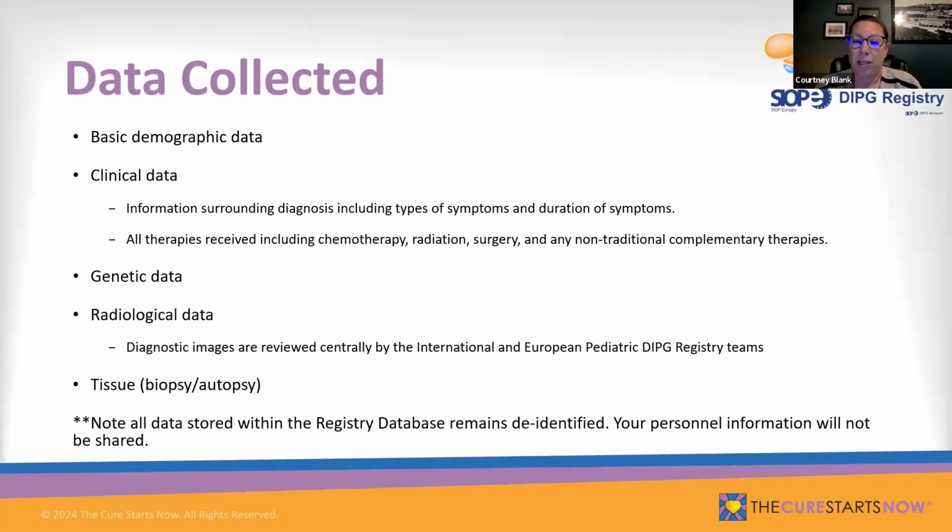Both the international and European registries centrally review all images to verify diagnosis. And then, of course, any tissue that's available, whether it's from a biopsy or autopsy donation, we'll bank the tissue and store it in our registry until somebody would like to use it for research purposes.